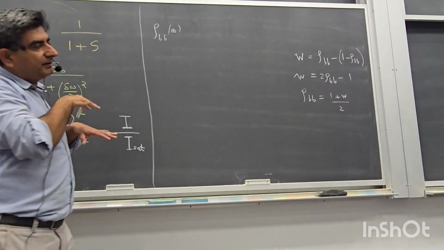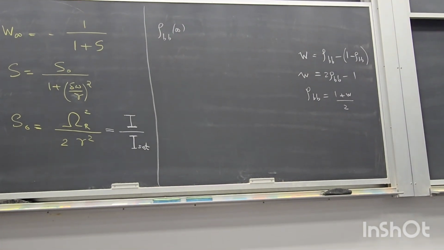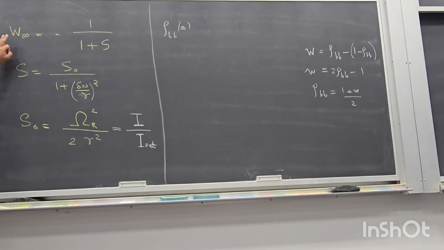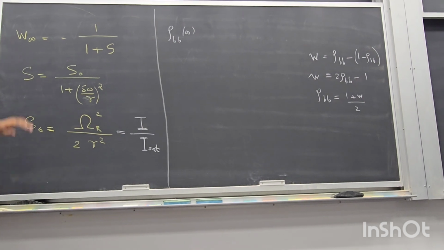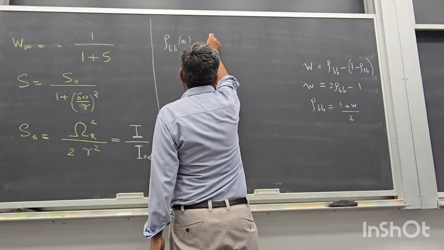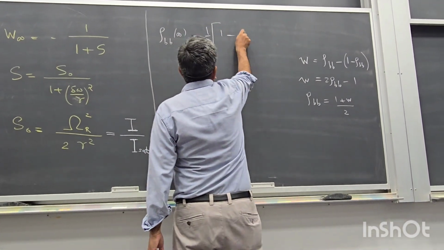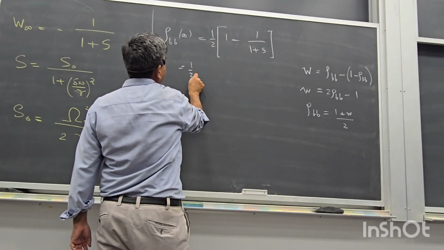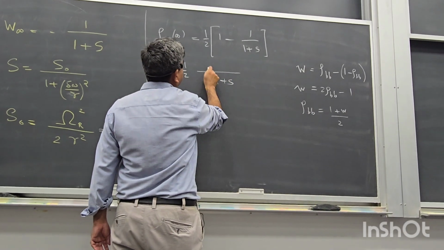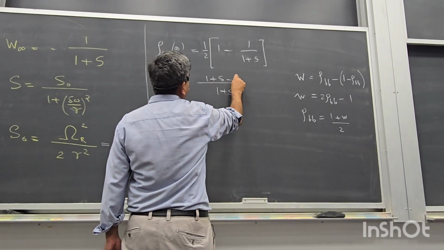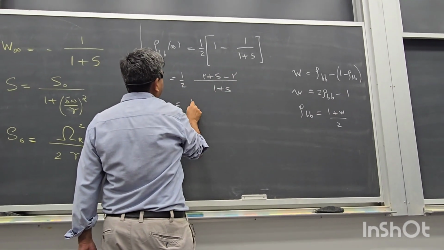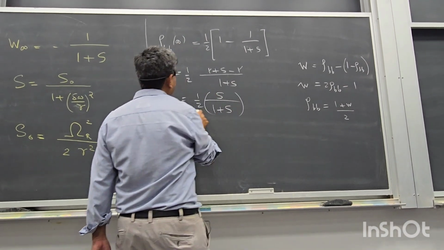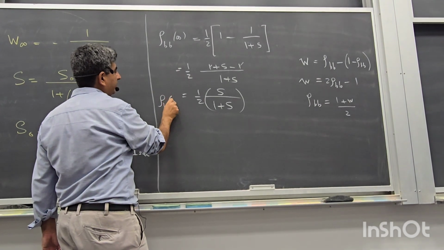So my rho BB at long times is given by 1 plus W divided by 2. Okay? So it's given by half of 1 minus 1 plus S. This is half of 1 plus S, 1 plus S minus 1. So this is half S over 1 plus S. This is my rho BB at infinity, right?